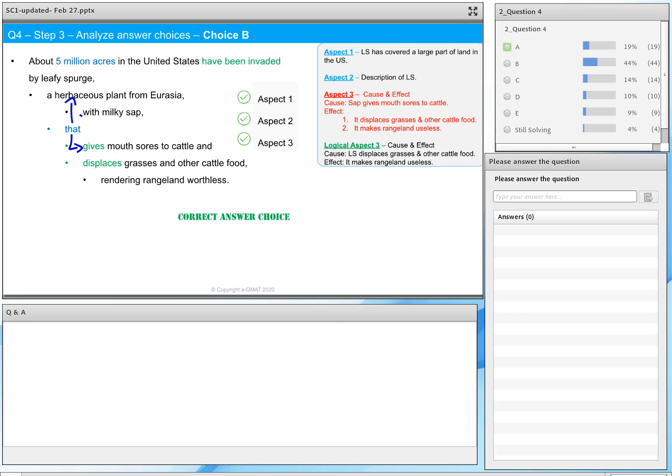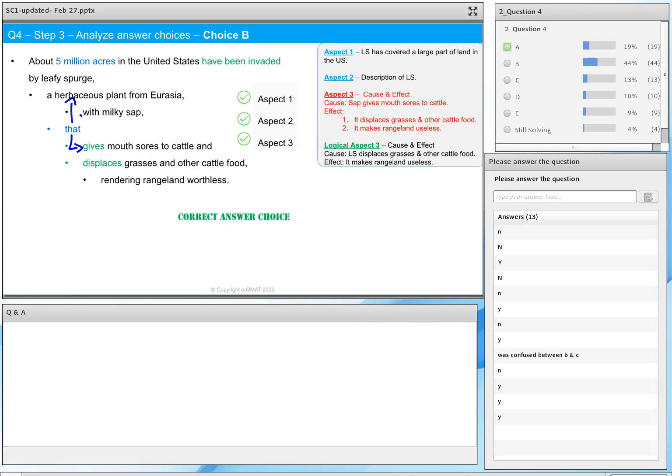Now, did you think like that? Did you really reject choice B? I'm talking about those people who did not choose choice B. Because if you did so, then let me tell you that your analysis is not right, because milky sap and leafy spurge are not mutually exclusive. Remember, leafy spurge contains the milky sap.